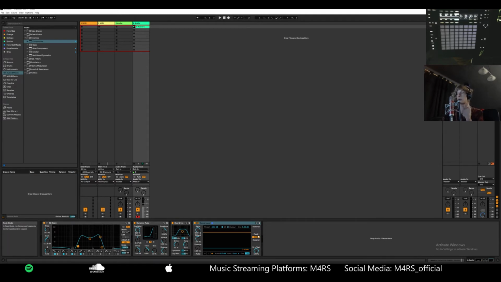I've got the dry wet set to 100%, because when you think about what happens when a shitty radio transceiver is sending out audio information, it is being compressed physically because it cannot fit into the bandwidth of the band on which it is being broadcast.